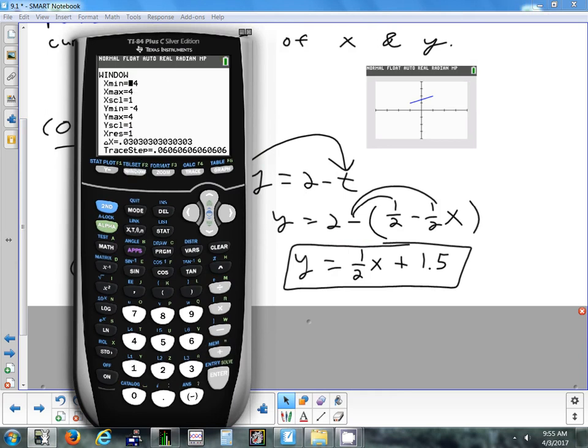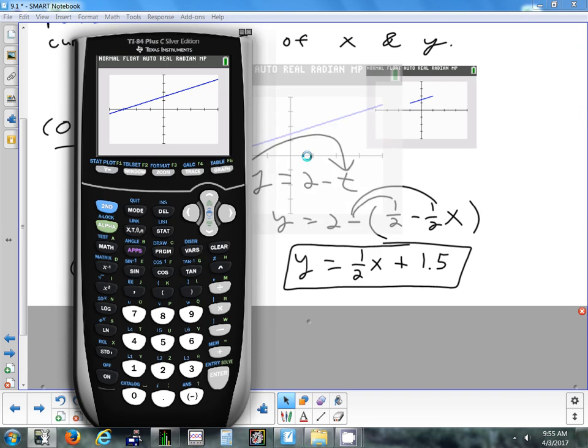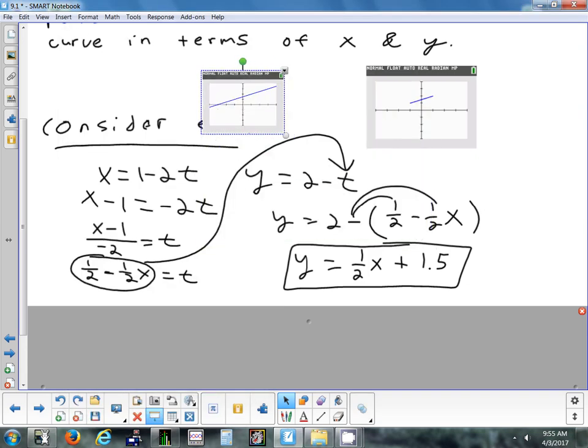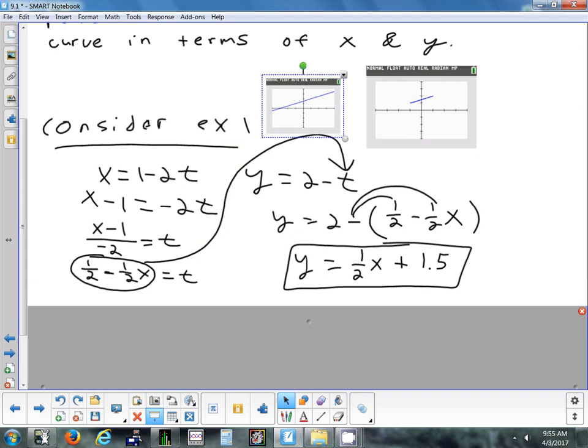Okay, I've got the same window, so the scale is going to be the same. But the problem here is I'm getting more of the picture than I want. Okay? So what do I have to restrict in this picture? I have to restrict the x's. I have to restrict the domain.